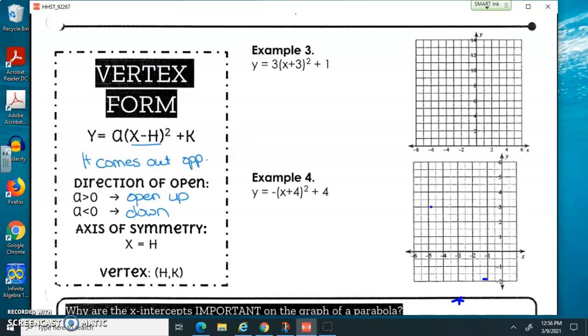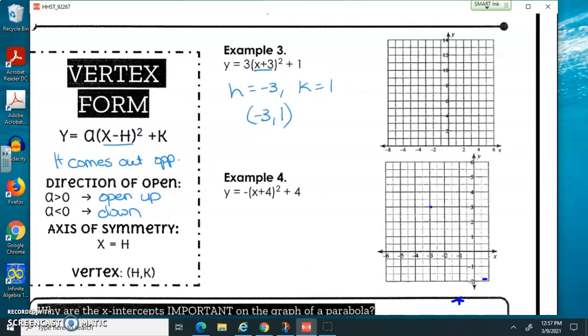So here the h is negative 3, and my k is 1. So my vertex is h comma k. At negative 3, positive 1 is my vertex, and the A is positive, so it's going to open up.